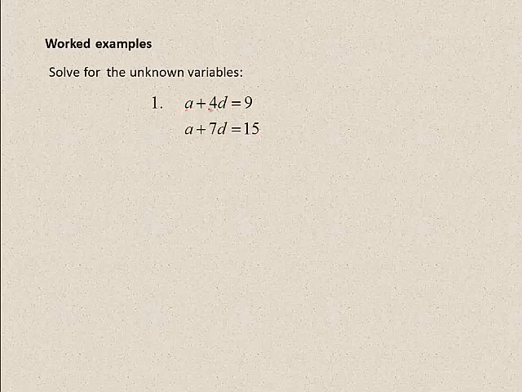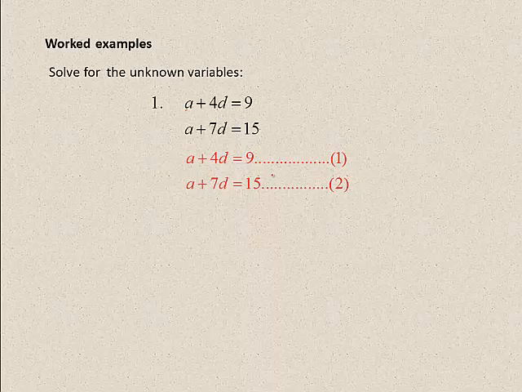You will see, guys, this will become more meaningful when you do arithmetic progressions. But for now, we're solving for A and D. The first step will be to label the equations. I like to call the first equation equation number 1. The brackets with the 1 inside means equation number 1. A plus 7d is equal to 15 becomes equation number 2.